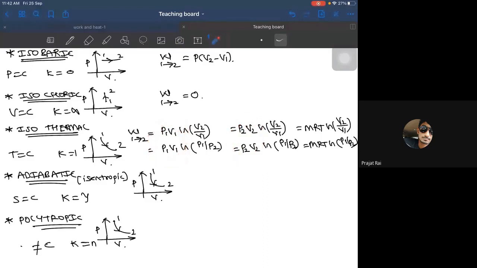Next is adiabatic work done, that is from 1 to 2. Adiabatic work done is given by, Niharika, what's the expression?